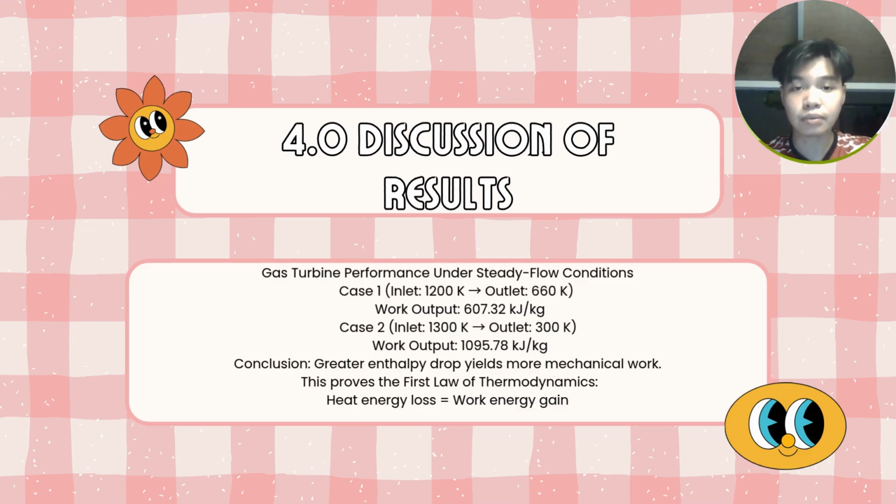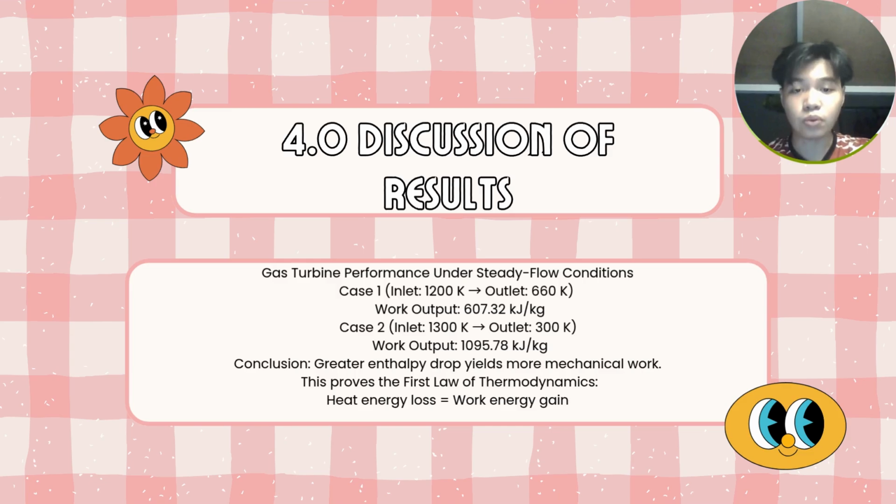In this section, we analyze how gas turbines perform under different temperature drops using steady flow assumptions. For case 1, when the temperature dropped from 1200 Kelvin to 660 Kelvin, the turbine produced 607.32 kilojoules per kilogram of work.